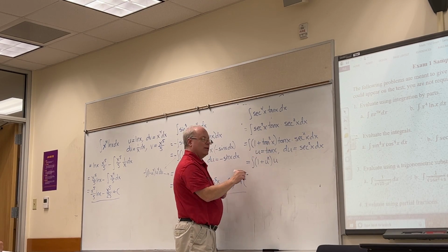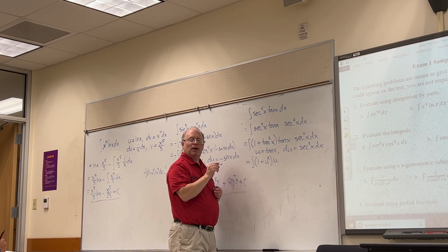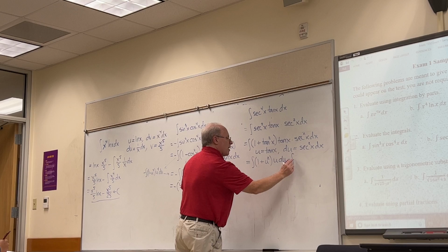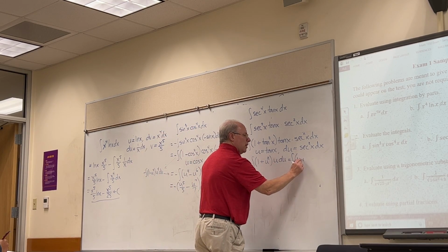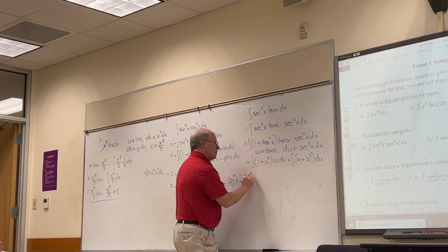So it's u plus u cubed. And of course, secant squared of x dx becomes du. So if we multiply it out, we've got u plus u cubed du.